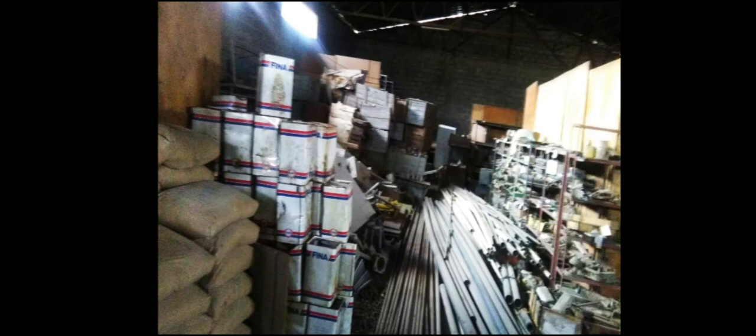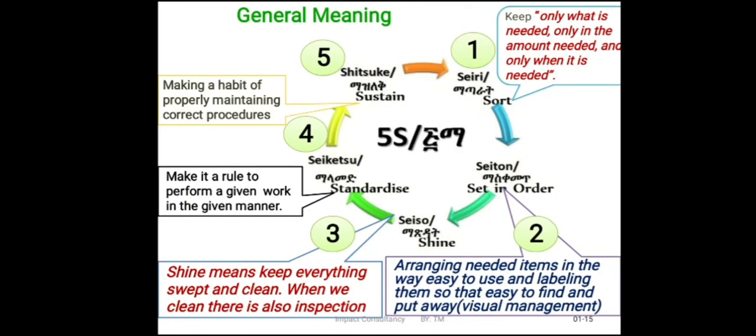We can't find what we need in such a dirty and complicated store, where we don't know what is there and can't identify what equipment is what. It's impossible to identify. 5S will eliminate all this, and we will save our energy, our time, and our resources, and it will be maintained.